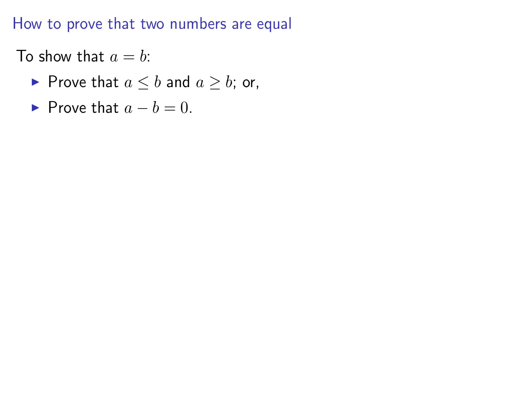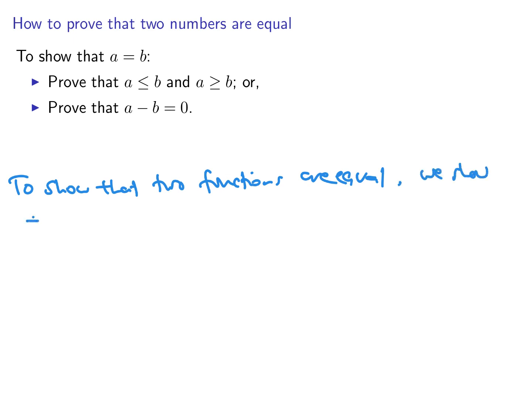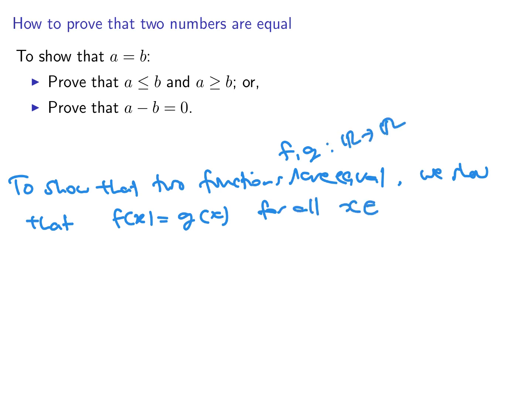Okay, so to show that two functions are equal, we show that f(x) equals g(x), where the functions are f and g, for all x, let's say they're from R to R, right? Let me just say for all x.